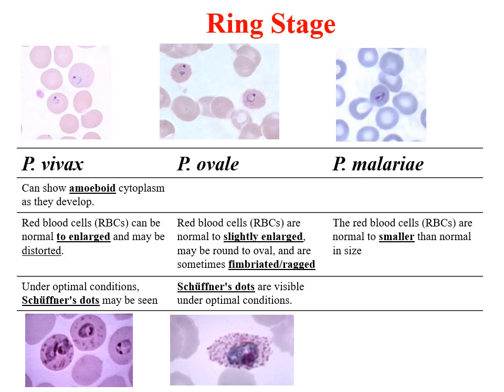Whereas for Malariae, the size of the red blood cell that is infected can be smaller than normal. It's a little bit smaller than normal. In addition, under optimal conditions in Plasmodium ovale and in Vivax, we can see the Schüffner dots in the preparation.